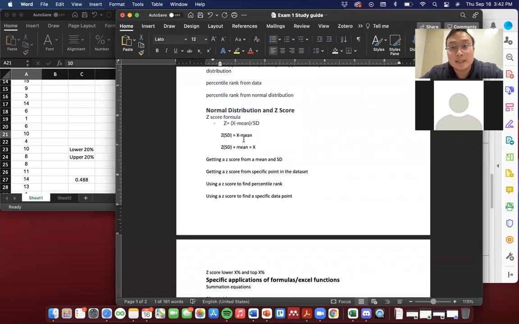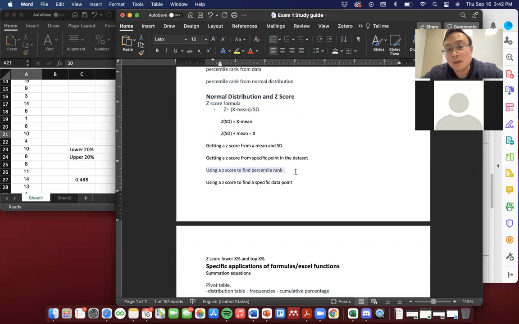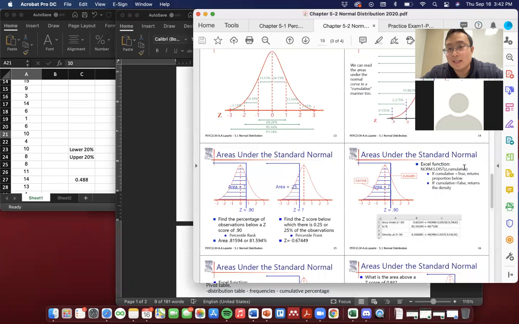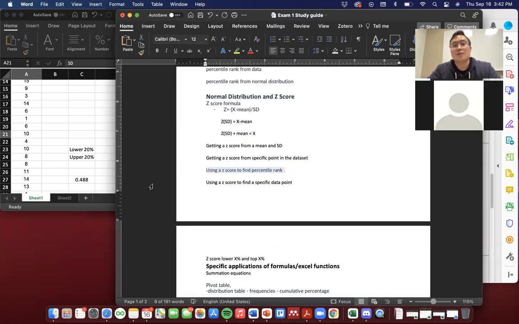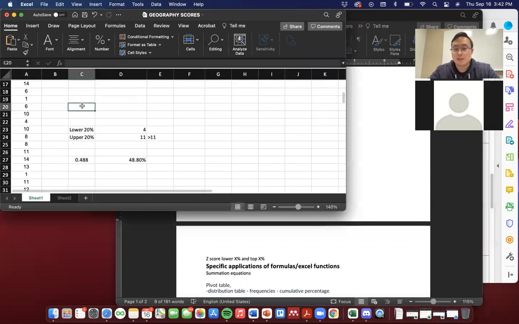Now, you most likely have the mean and standard deviation too. If not, calculate them. Then once you do, you just take the 10, subtract the mean, divide by the standard deviation, then you get the z-score. So using z-score to find percentile rank, that is what this is, right? The problem asks you to find the percentile of a z-score, and you're going to use that function right there.